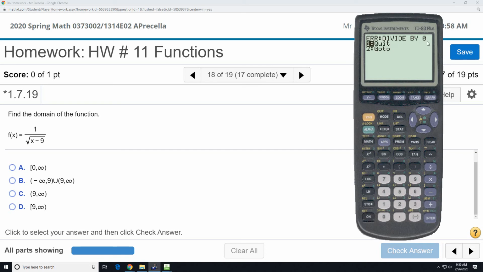You can't divide by 0. So what am I trying to say? Well, let me write this problem down. 18, f of x equals 1 over the square root of x minus 9.